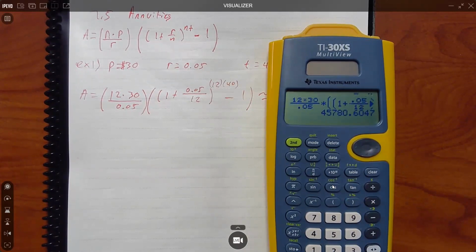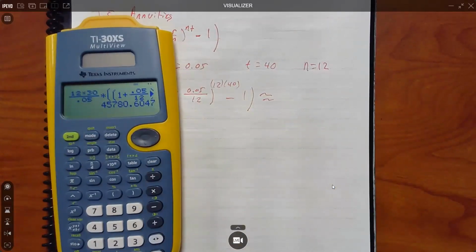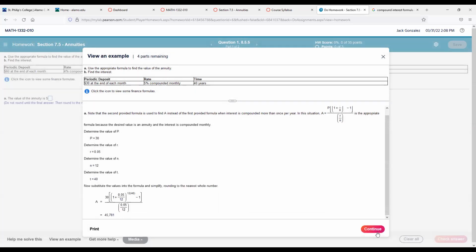So it looks like 45,780. That sounds reasonable. Let's see, that's what they got. Now that we have an actual homework problem, we can check their stuff. So they got the rate, you got the N, same thing we did. They rounded to, they said right here, the nearest whole number.